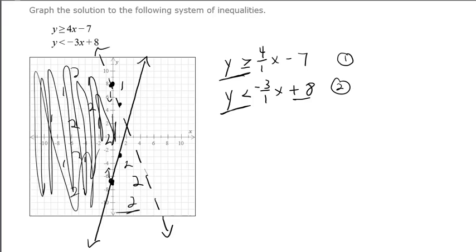This region only has 2's. This doesn't have anything, and this region only has 1. So there's only going to be one region where we have the overlapping, and it's that particular region here. So that means any point in that region would be a solution to both of these inequalities.